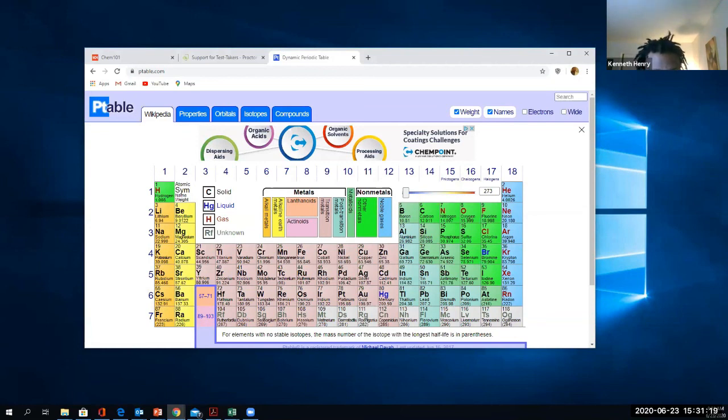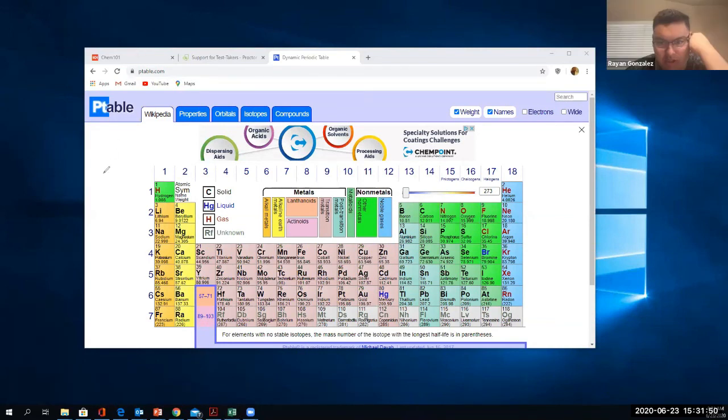Okay, so can you identify what elements we're looking at based upon the atomic number? Okay, so help me identify things. What are the ones that we're looking at?